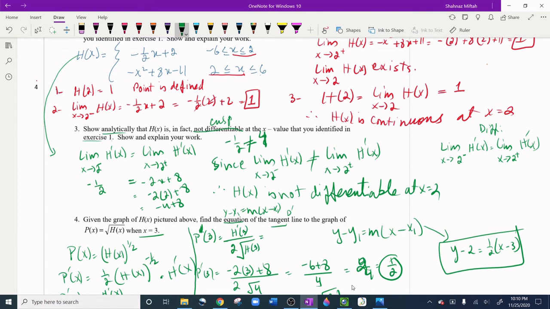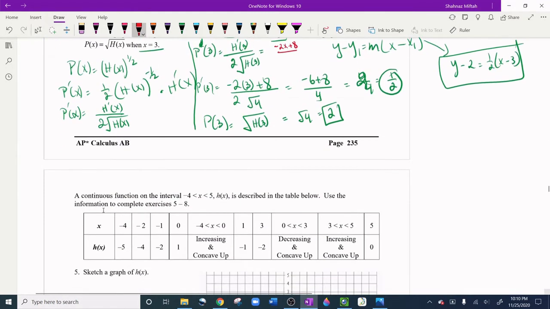The derivative gives me negative 2x plus 8, so I plugged in 3 here. In the bottom, h of 3 means I have to plug 3 into the original to get that y value, and I got square root of 4. I plugged in everything, 3 squared, 8 times 3, and then minus 11, and it gave me 4. And this is how we got question number 4.